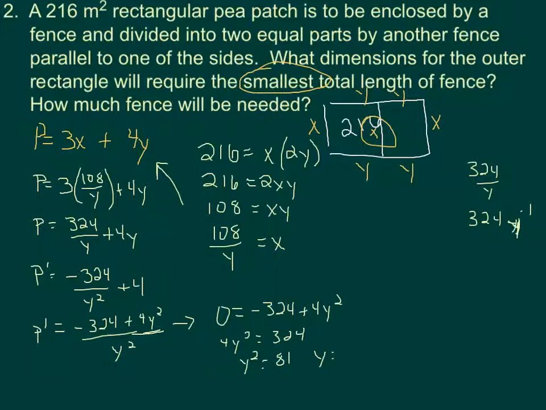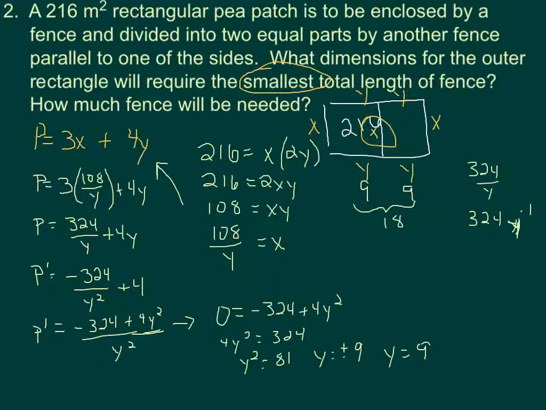And y will equal technically plus or minus 9. But since this is a length, then negative numbers would not be in our domain. If we go back up there and talk about domain, we have to be talking about the context. The context has to be positive here since it's lengths. So y is going to equal positive 9. Okay, so now we know that this is 9 and this is 9. So that whole length then would be 18.